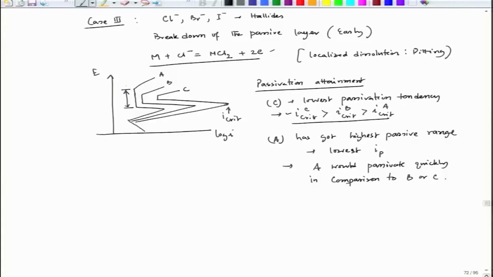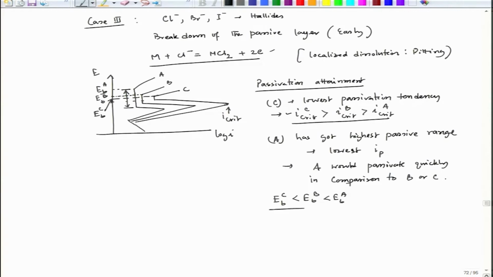Now, if we try to see the breakdown, we could see that if this is the EB, so this is EB for A, this is EB for B, and this is EB for C, and we could see that EBC is lower than EBB is lower than EBA.